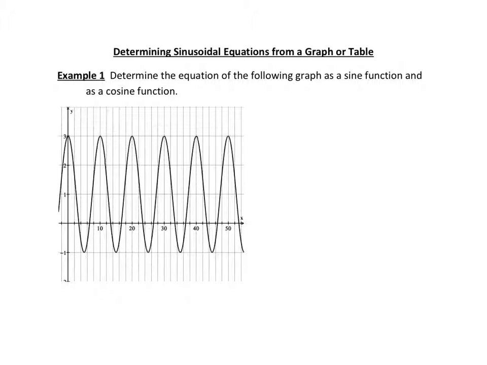So in order to do that, we're going to draw the box that we've been using in order to graph the functions. We're going to draw the box around the first cycle of this graph that looks like a sine curve. Now remember, a sine curve within that box has key points along the axis on both sides of the box and in the middle.